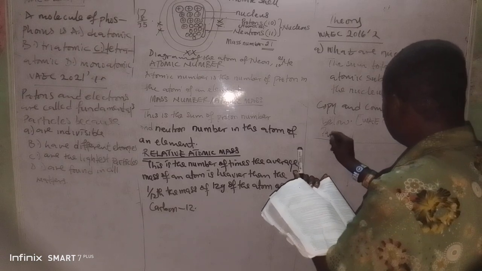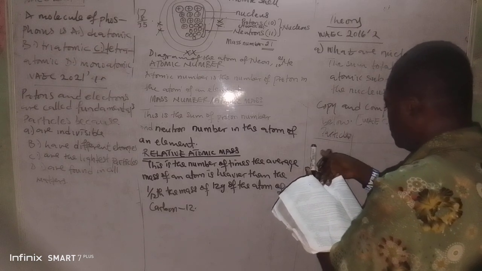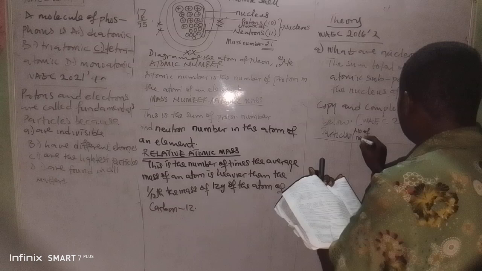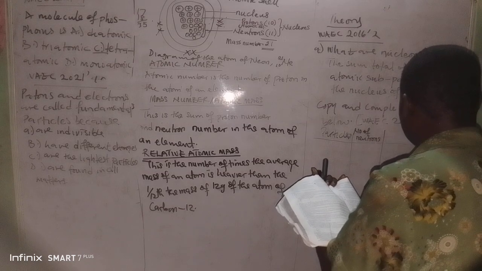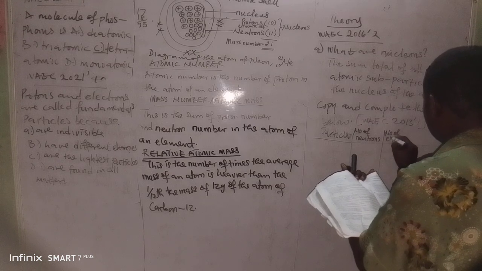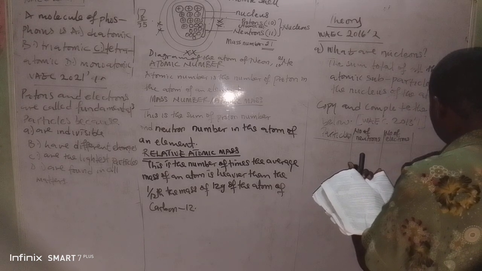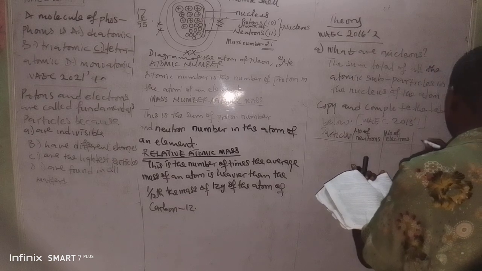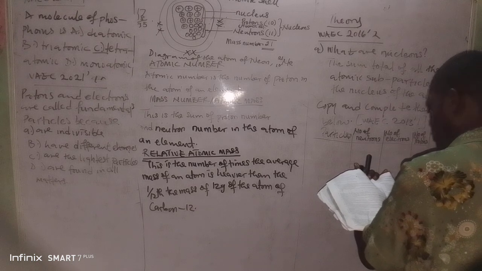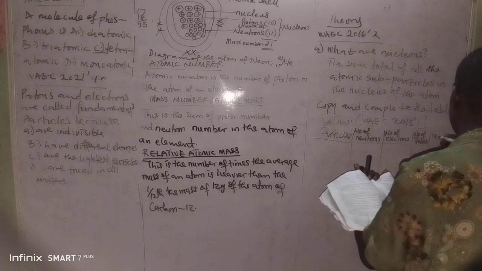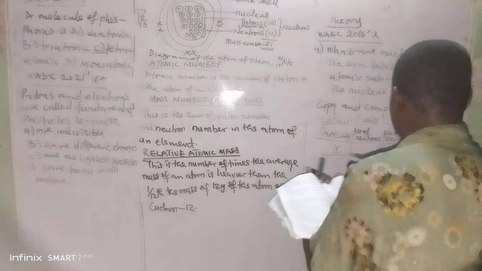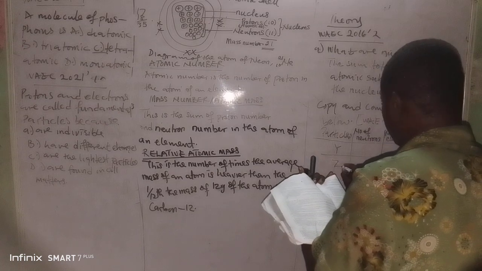You see particles, number of neutrons, number of electrons, then number of protons, then mass number. The first particle now is Y, and the second particle is Z.